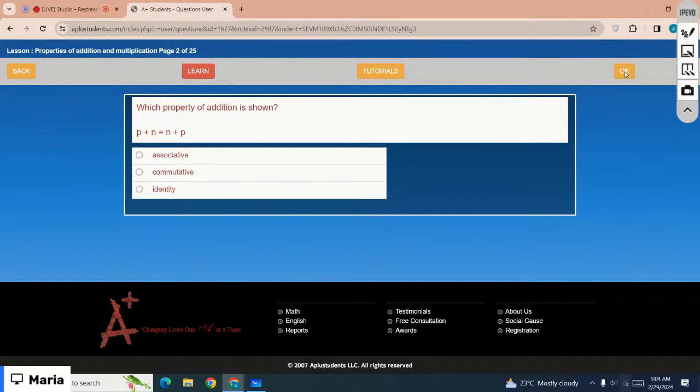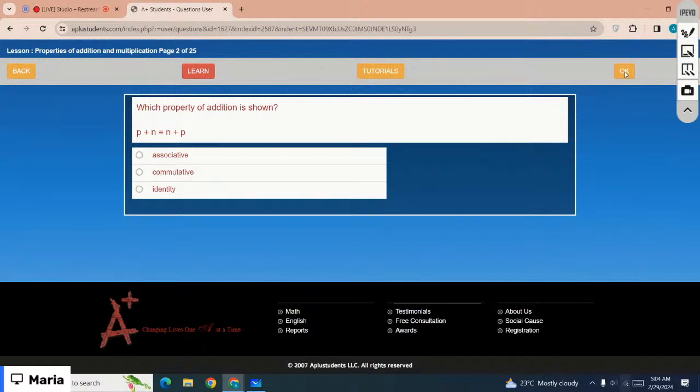Which property is shown? P plus n equals n plus p. So which is the correct option? You have two variables involved, right? P and n. They are adding, just their order is different.